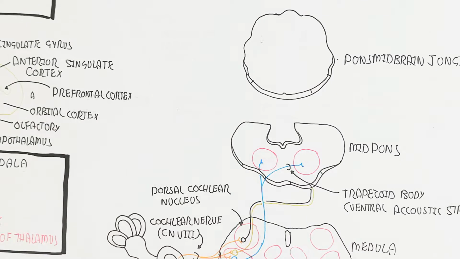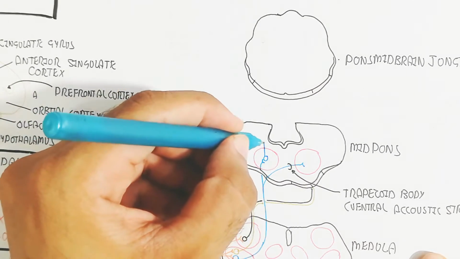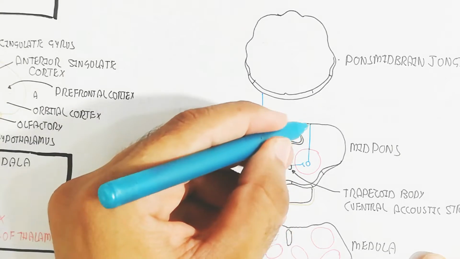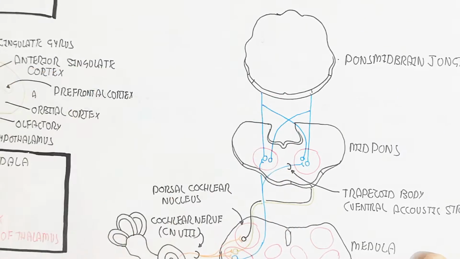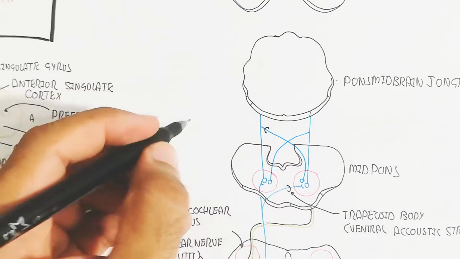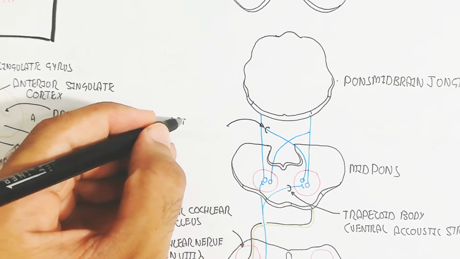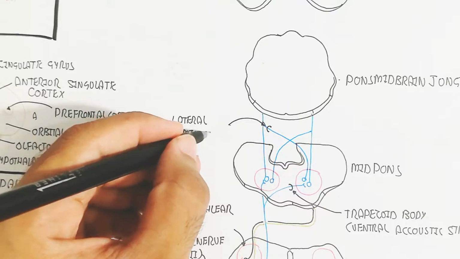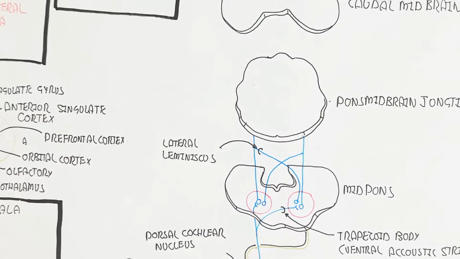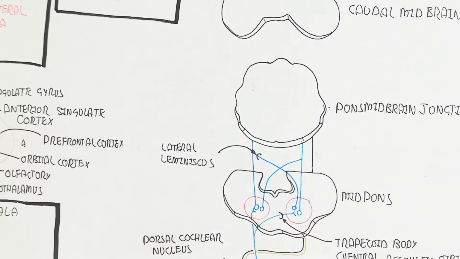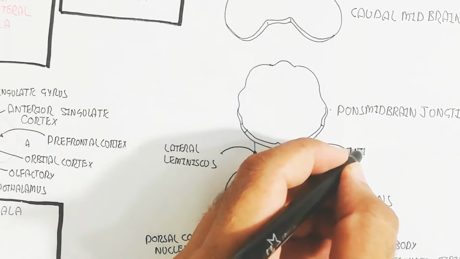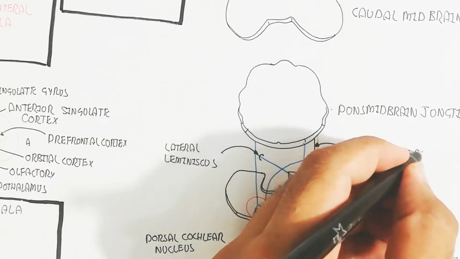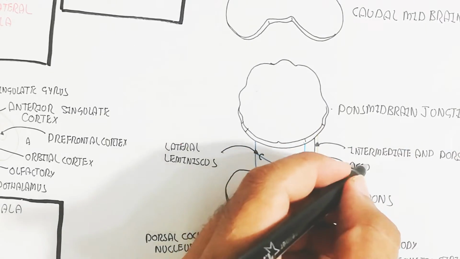These two nerve fibers also integrate and lead toward the brain side. We will discuss later, but here is the lateral lemniscus pathway, where the left and right integrate for equal sound feeling.